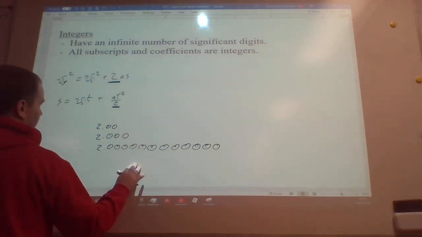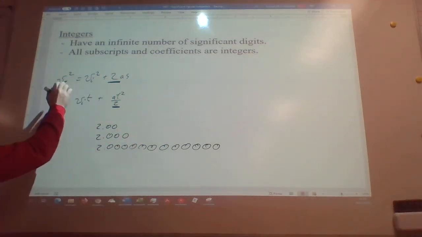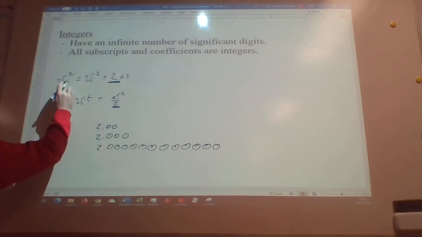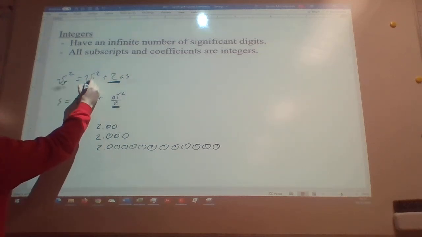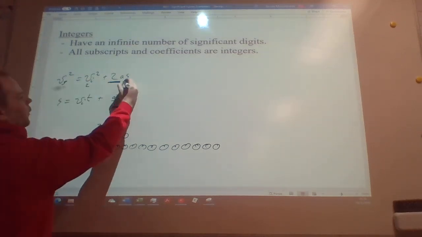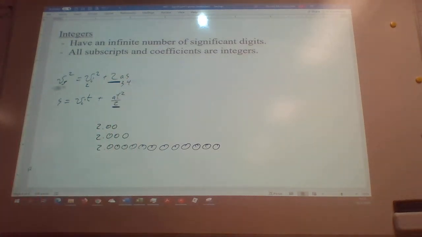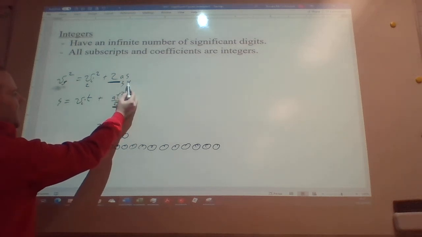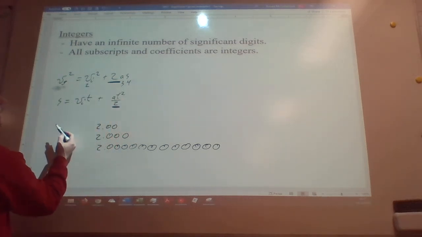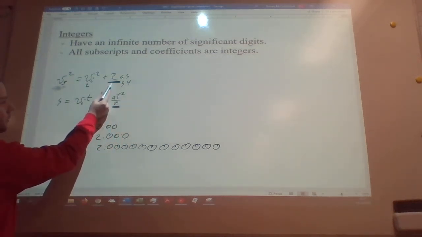Now this is important because let's say we have 2 sig figs here, 3 sig figs here, and 4 sig figs here. So 3 in the A, 4 in the S, 2 in the VI. This could have as many sig figs as we need it to.